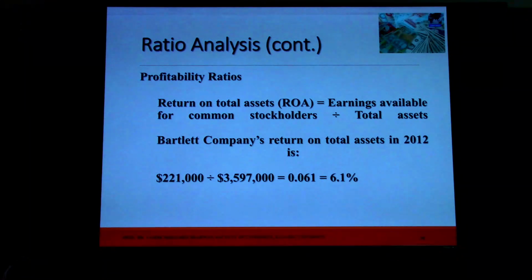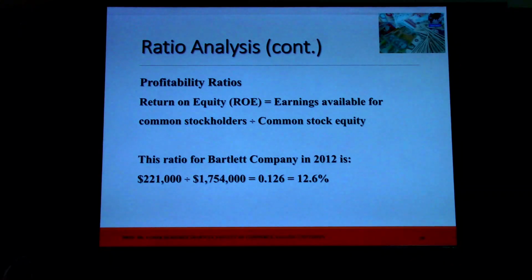This is the meaning of 6.1%. For every dollar invested in the total assets of this firm, it will create 6.1% as a net profit for the common stockholders. The same situation if I'm interested to know what is the return on equity, ROE.